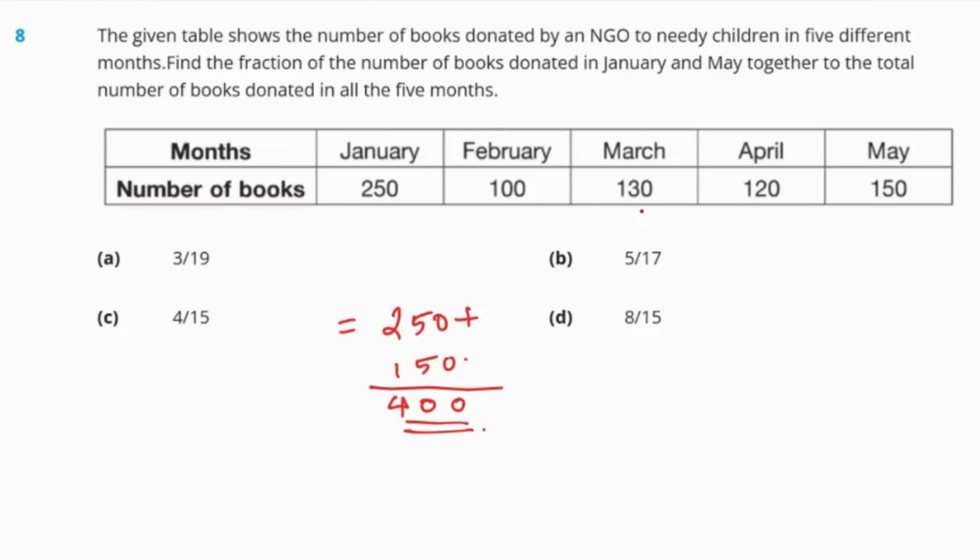And all the 5 months means what? We have to add all the numbers to get the total number of books. 250, 100, 130 plus 120 plus 150.